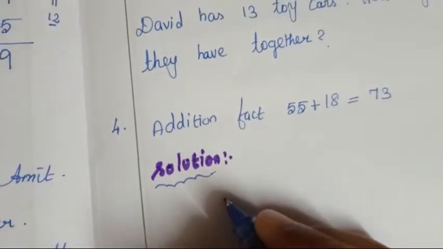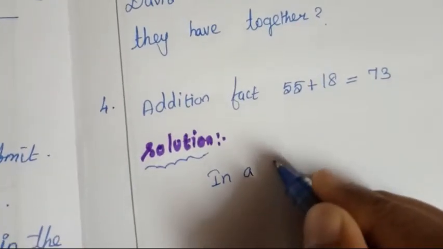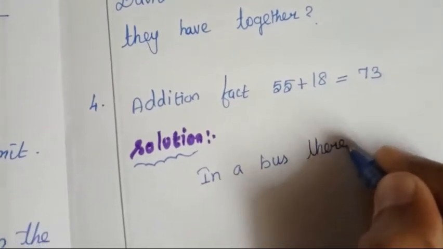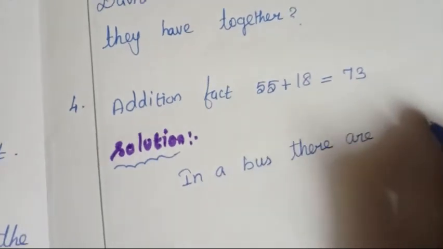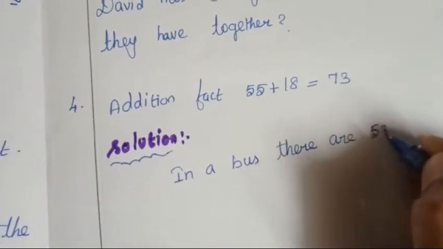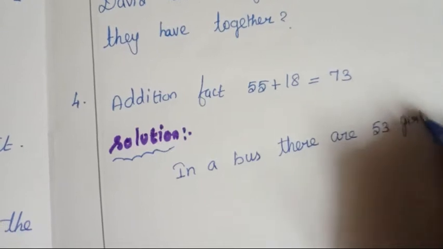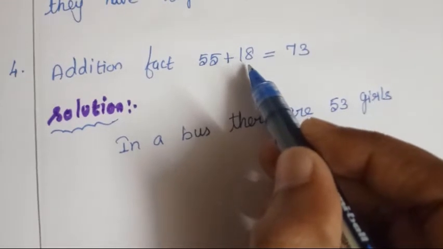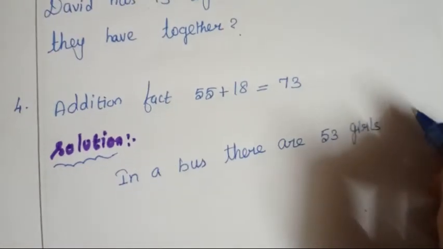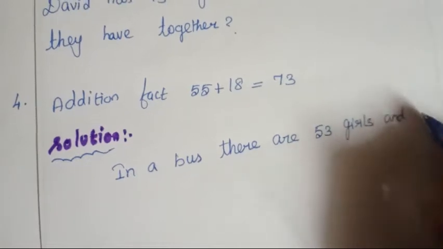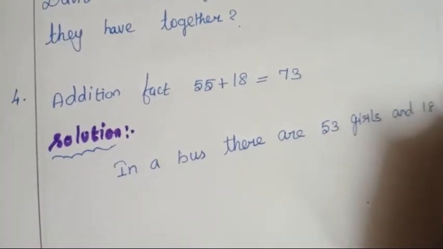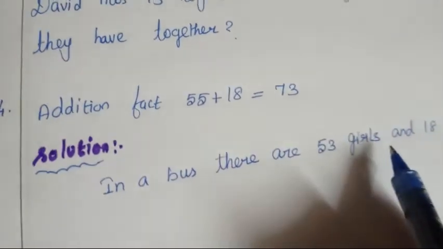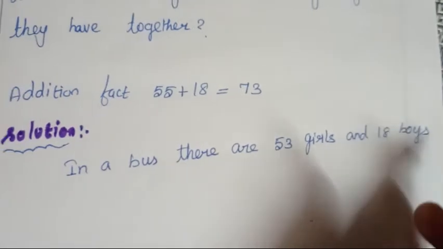You can write, in a bus there are 55 girls. Okay, and for 18, 18 boys. In a bus there are 55 girls and 18 boys.